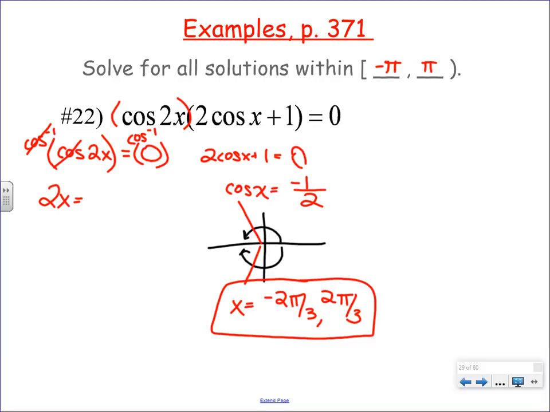Cosine is 0 when it hits π/2, 3π/2. Oh, that's illegal. No, negative π/2. Oh wait, but we're dividing by 2. Maybe we could keep going. If we want to double check, we could keep going.